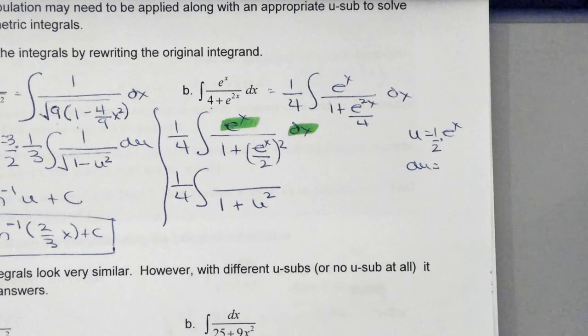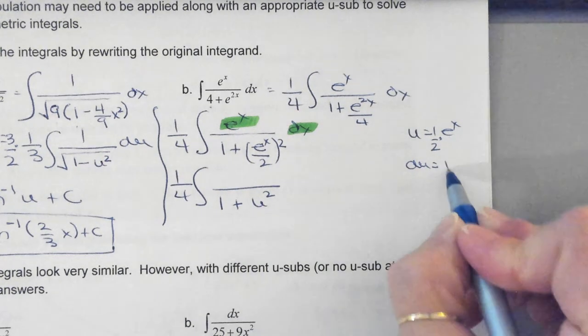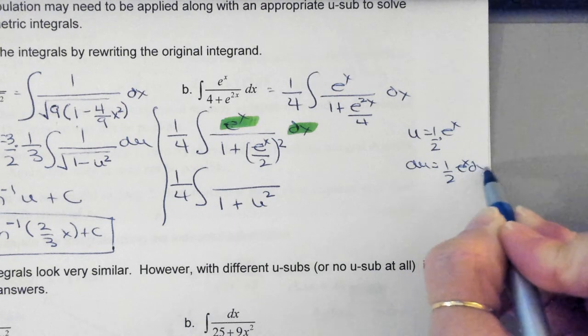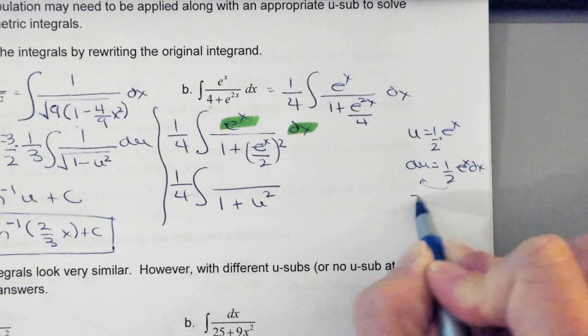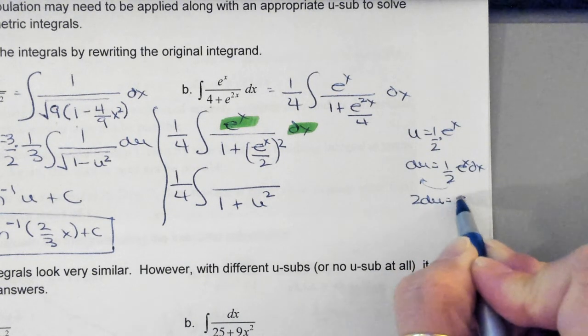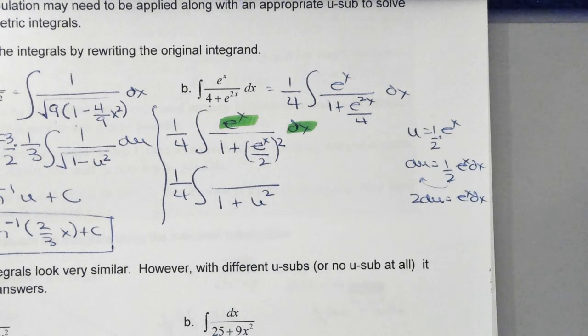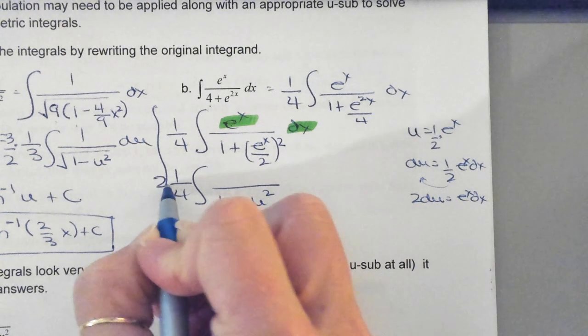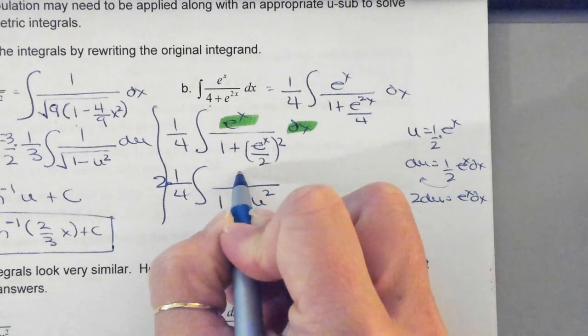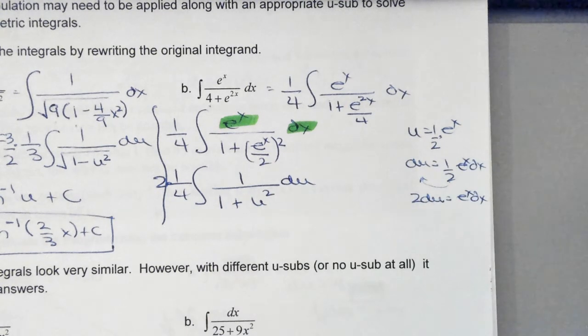What's the derivative of e to the x? e to the x dx. So here's your 1/2, e to the x dx. Move this over here. So you have 2 du is equal to e to the x dx. So where does this 2 go? On the outside with the 1/4. So it's 2 times. Then I've got 1, and I'll put my du here.